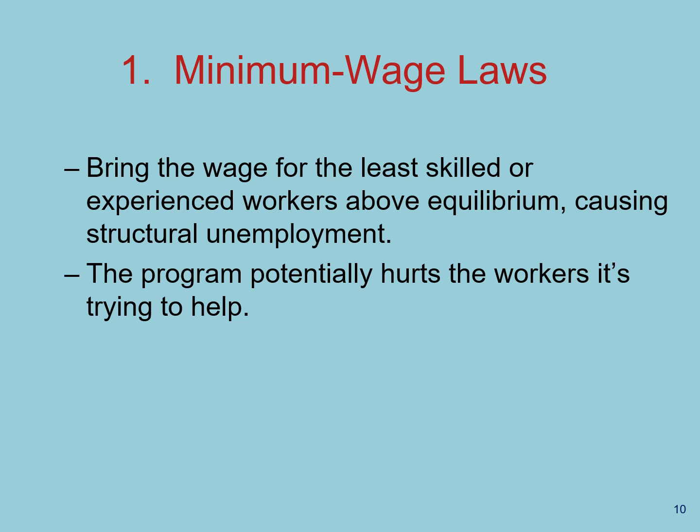Number 1 is minimum wage laws. They are legislation that brings the wage for the least skilled or least experienced workers above their equilibrium level, and they cause structural unemployment. This is an example of a program that can potentially hurt the workers it's trying to help.